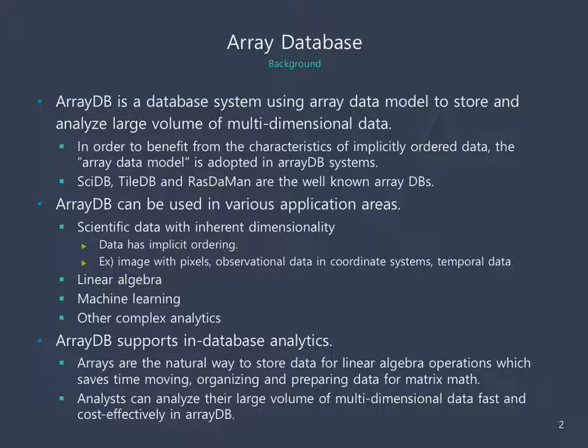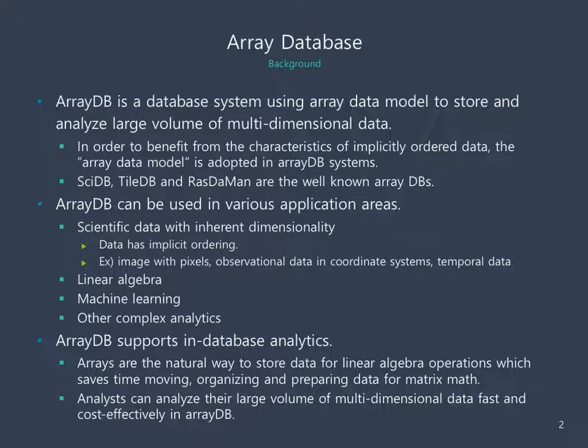But if data are multidimensional data, each dimension corresponds to a column. For example, in the case of a two-dimensional map, its x-axis and y-axis exist in the map. So these axes correspond to columns. So the tuples have some value and the x-axis and y-axis value.